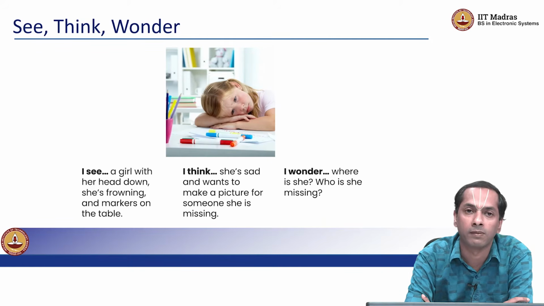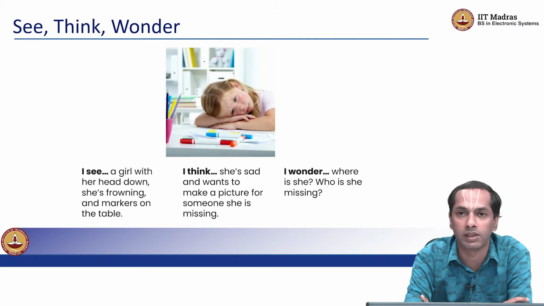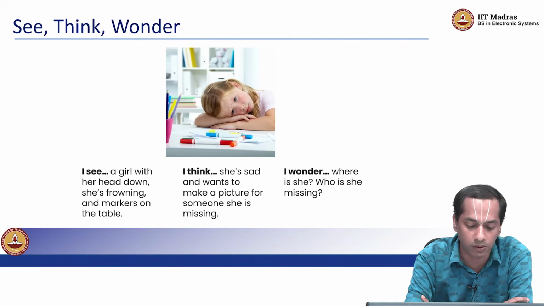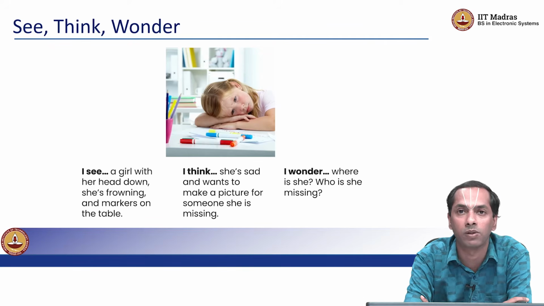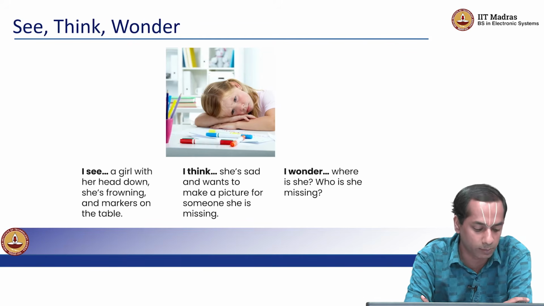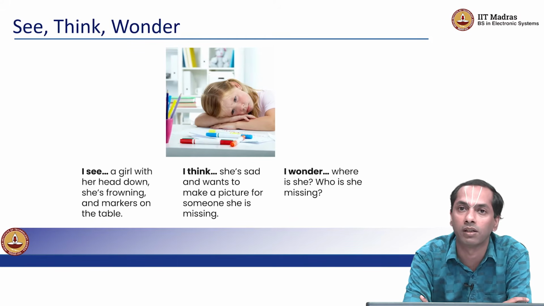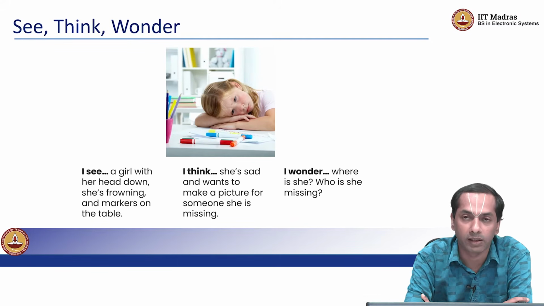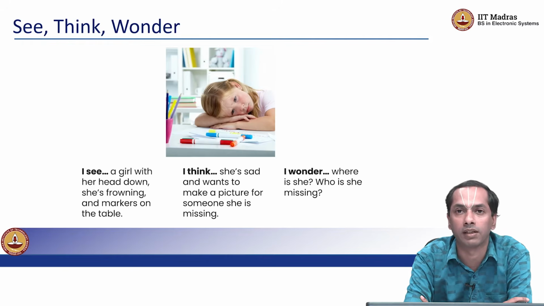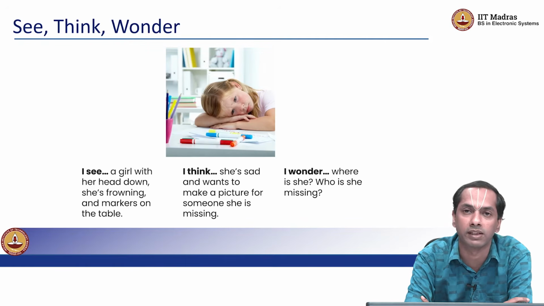These are often 2 distinct things, and often we try to cloud these 2 by trying to make quick assessments and judgments. So, trying to distinguish them as 3 individual blocks, you can even take a piece of paper, have a box each for what you see, what you think and what you wonder. In fact, I am going to flash some sample images, and I hope you can pause this video appropriately and try to do the exercise.